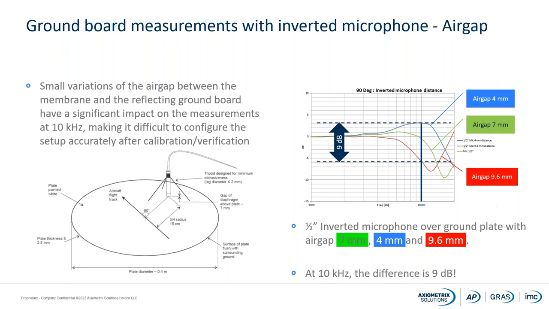You take your calibrator and lift off the microphone, because you can't really do the calibration when it is upside down. Then you have to fix it again with exactly the 7 millimeter air gap. If you miss that, you can't really trust your measurements. So it is very important that you fix it to 7 millimeter, not more, not less, just 7 millimeter.